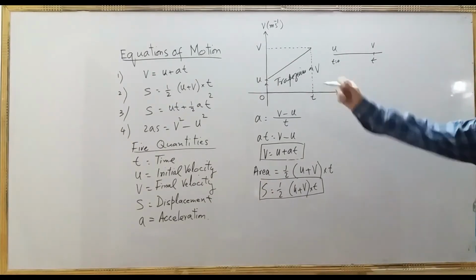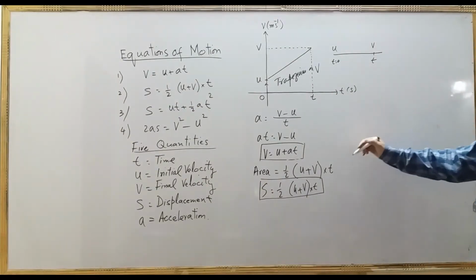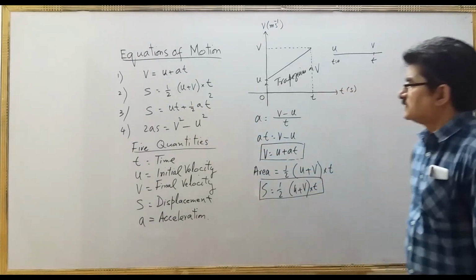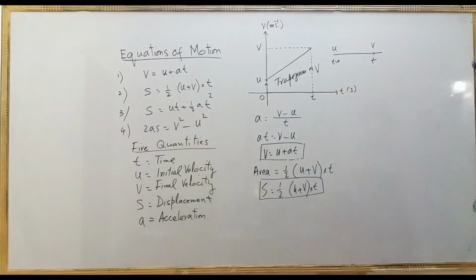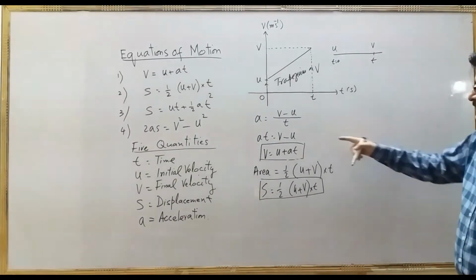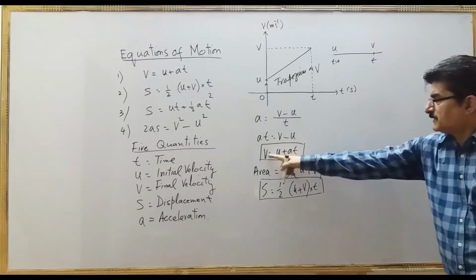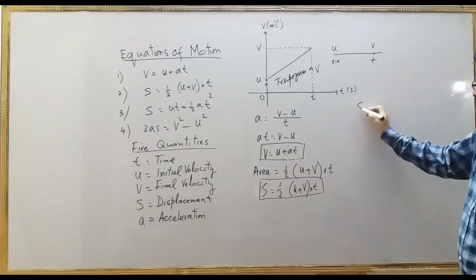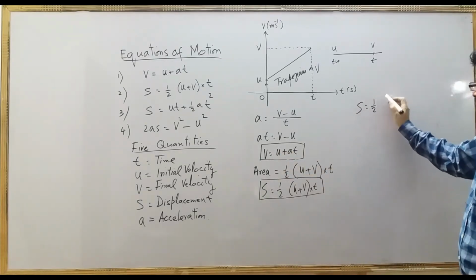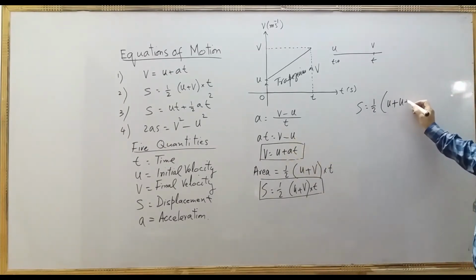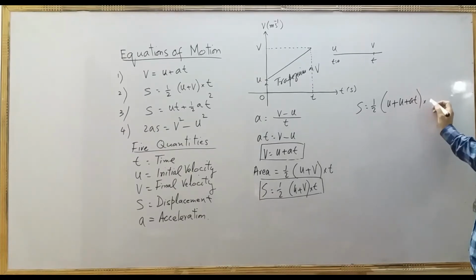Now we can see that the third equation of motion can be derived from these two. In the third equation v is missing, so eliminating v from these two equations, putting this value of v into this equation, you will get s is equal to half into u plus this v, which is u plus at, into t.